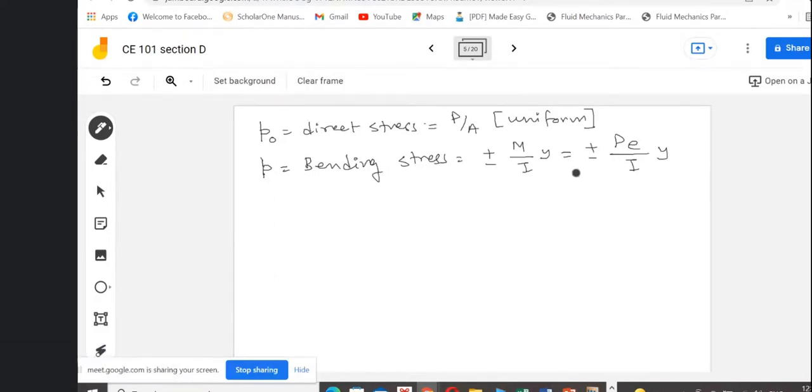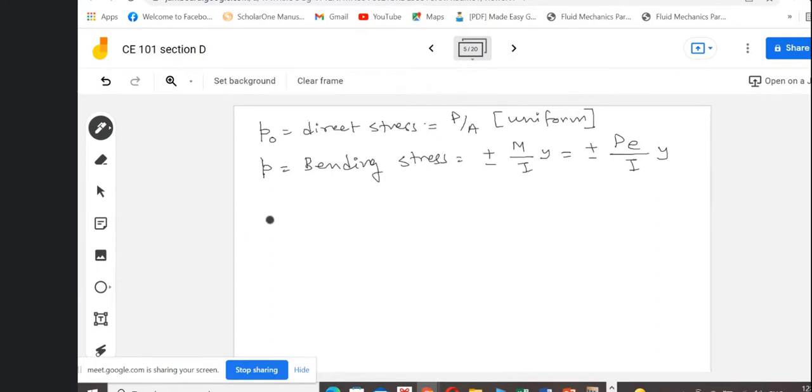and if the y value is 0, that is at the neutral axis, the bending stress is 0, and if the y value is the maximum, at the outer layer of the section, then this value gives us the maximum bending stress, both for compressive and tensile nature.